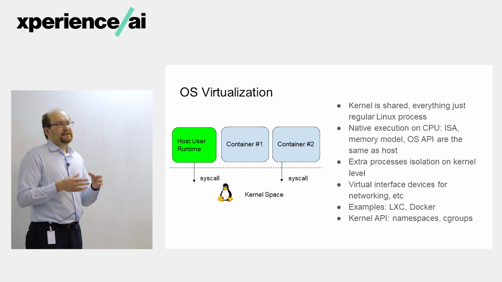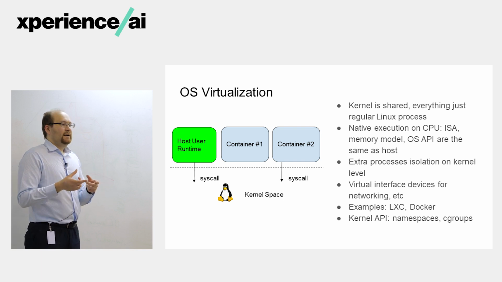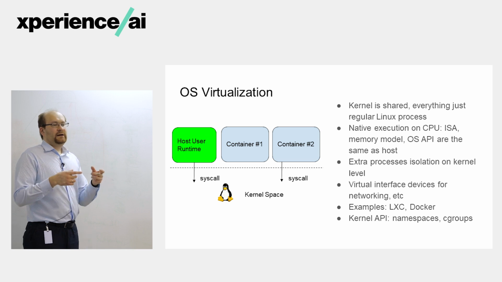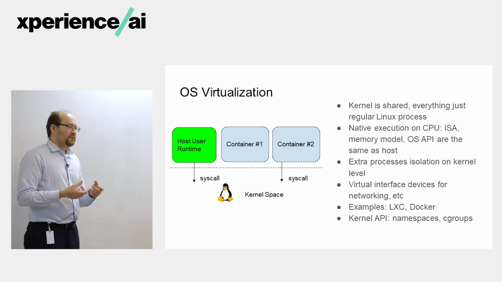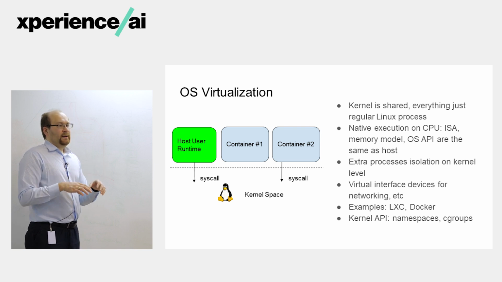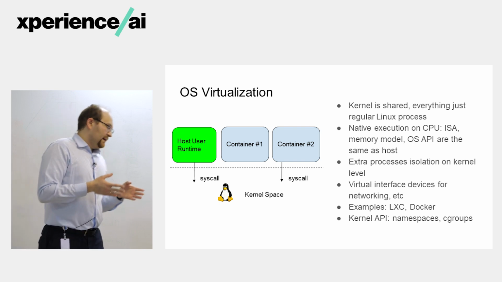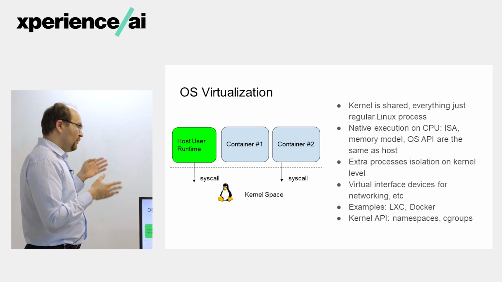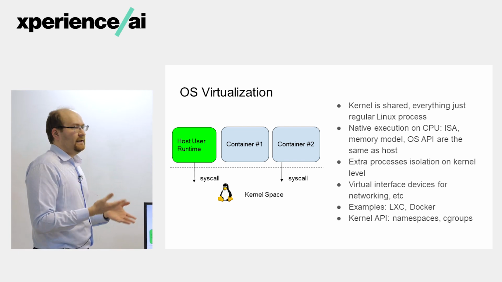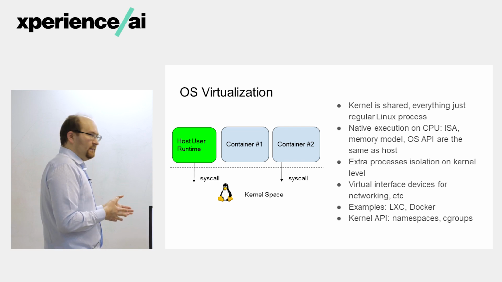For example, provide a different root file system and provide different capabilities in terms of networking, hardware access, and so on. So it's kind of another layer of access management in the kernel. And your application just runs in a regular way. It's just a usual Linux process. It's what this OS virtualization actually provides as an idea, and it's how things are implemented in Linux.